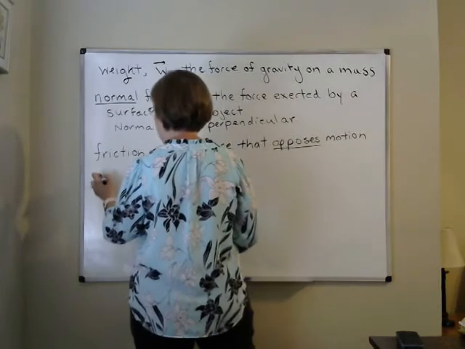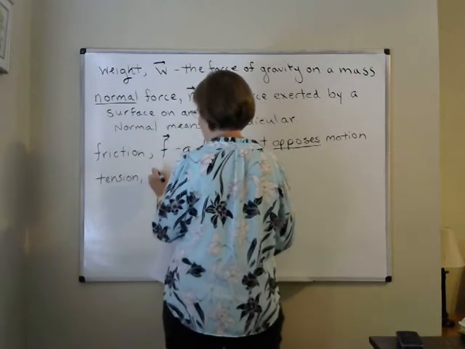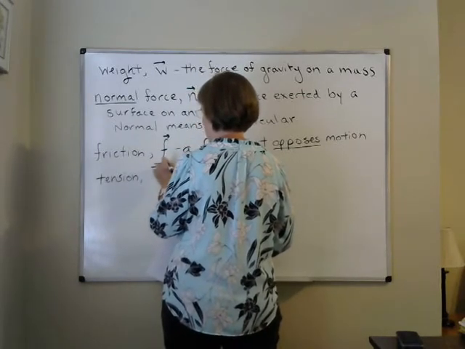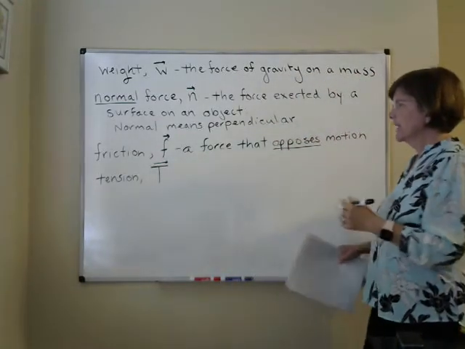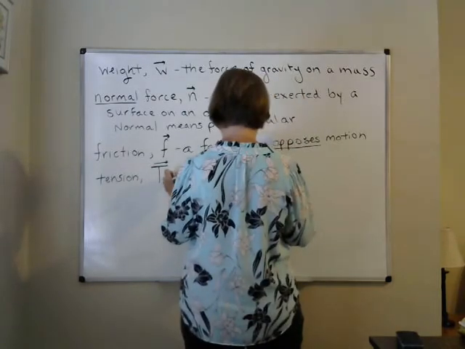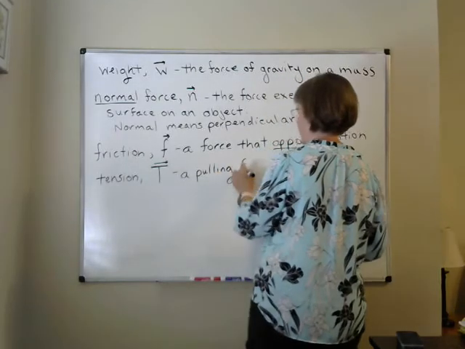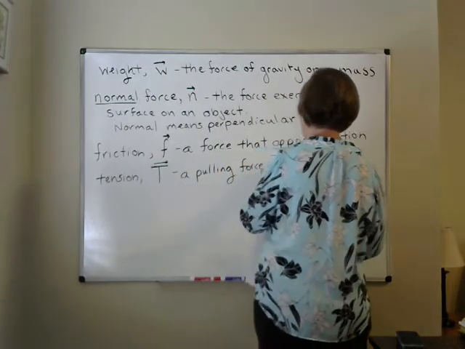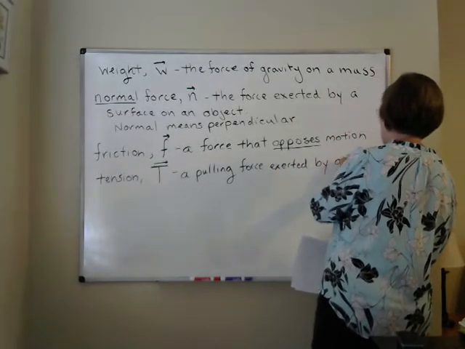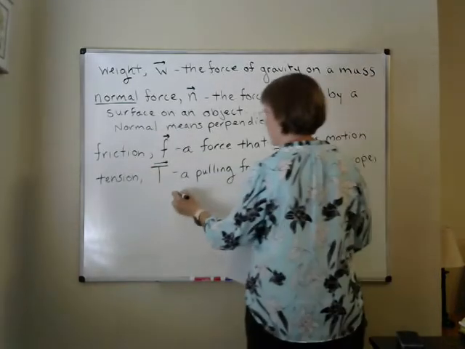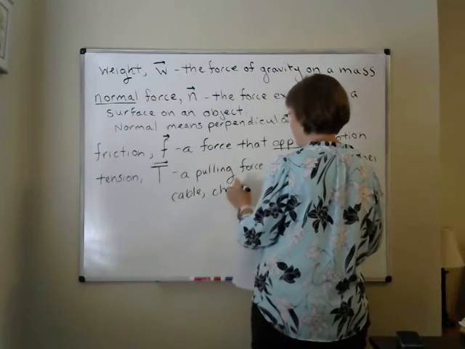Another one we use a lot is tension. Now tension we use a capital T, which is good. We use lowercase t's for time, so it's good to have something a little different. And that is simply a pulling force exerted by a rope, cable, string, chain, anything, a piece of fishing line.